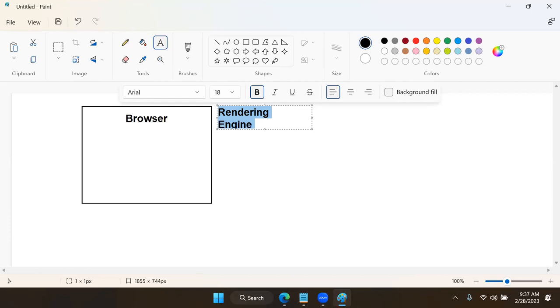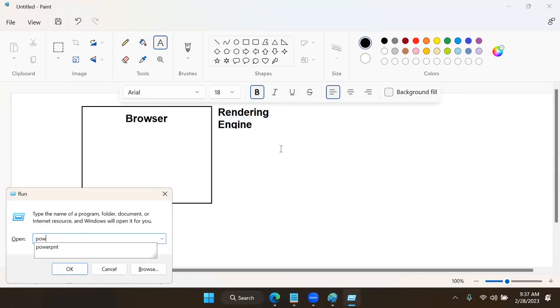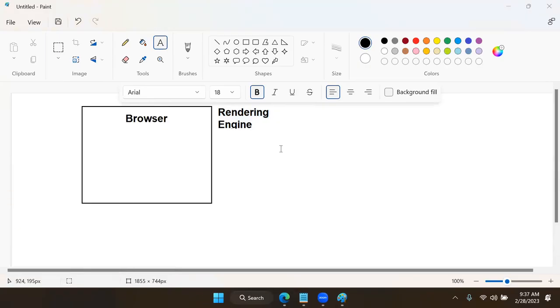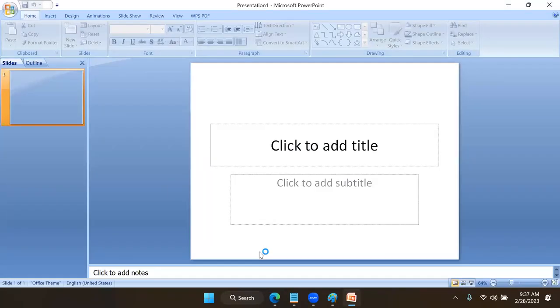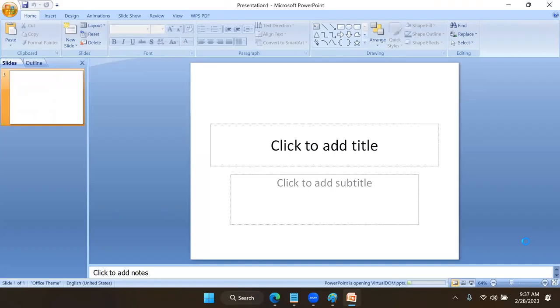In HTML, people learn about browser engines and browser architecture because they need to know how HTML is translated by the browser. I will give an overview if you don't know.